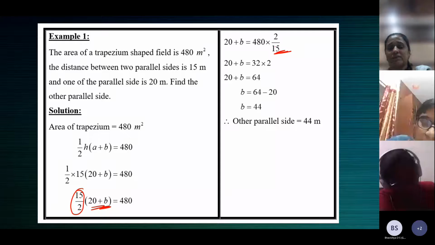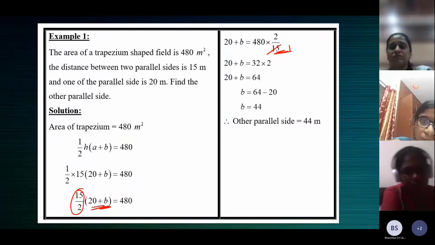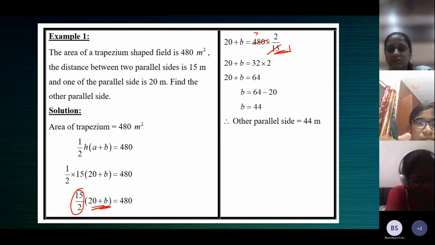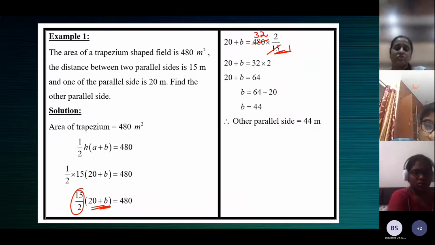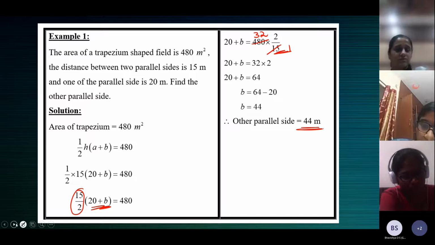Now simplify in the tables of 15. 15 ones are 15. 15 threes are 45. 3 is the remainder. 15 twos are 30. So 20 plus B is equal to 32 into 2 after simplifying. So 20 plus B is equal to 64. B is equal to 64 minus 20. B is equal to 44. So the length of the other parallel side is 44 meters.